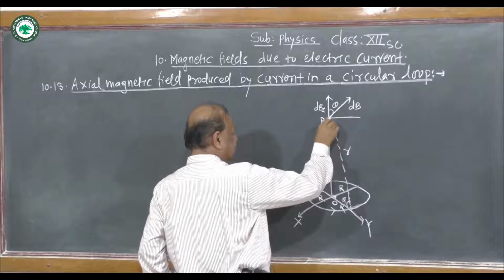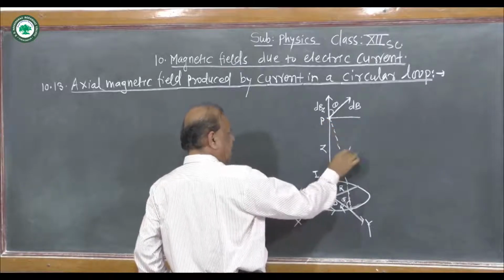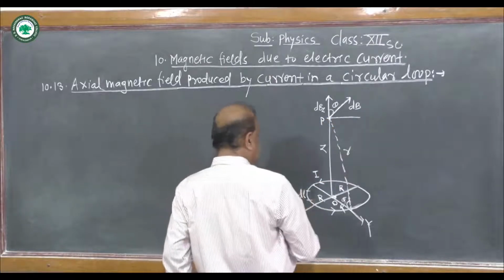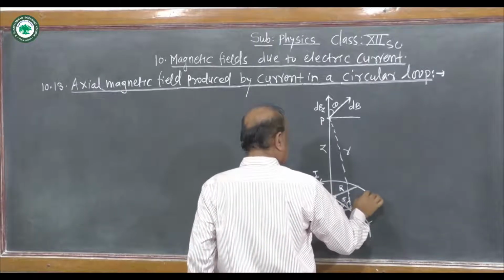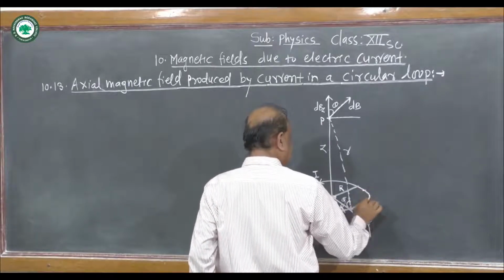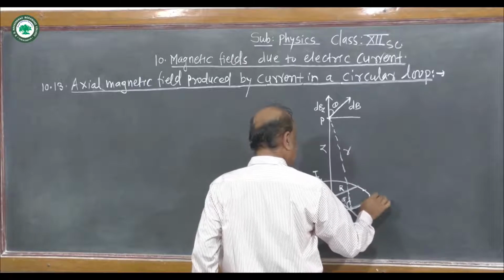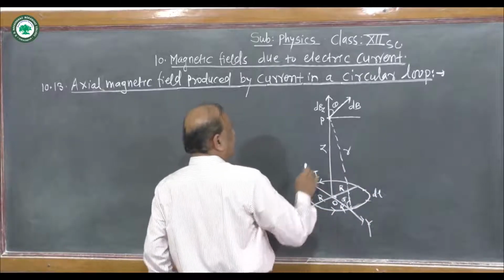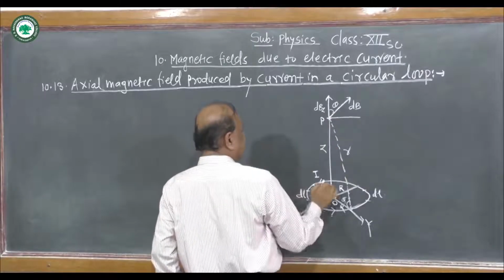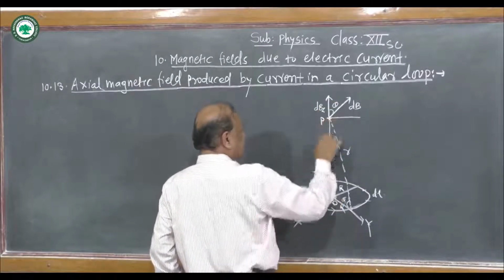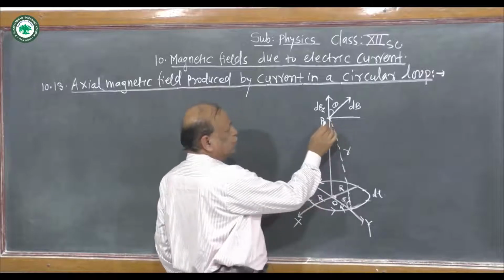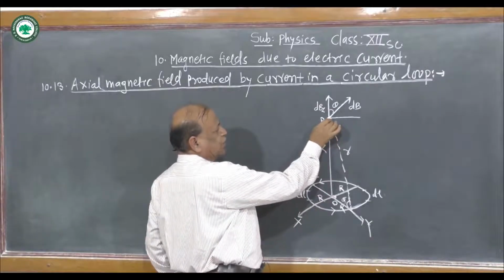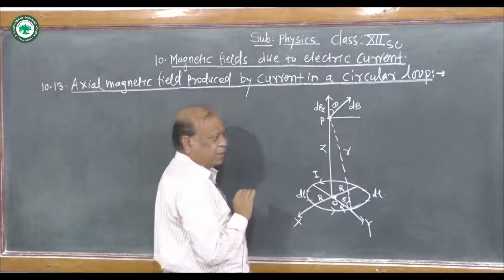This distance is r from this element. Now here we consider this is one element, and there is another element, again dl. And now along the z axis, we have to find the magnetic field at point P here.